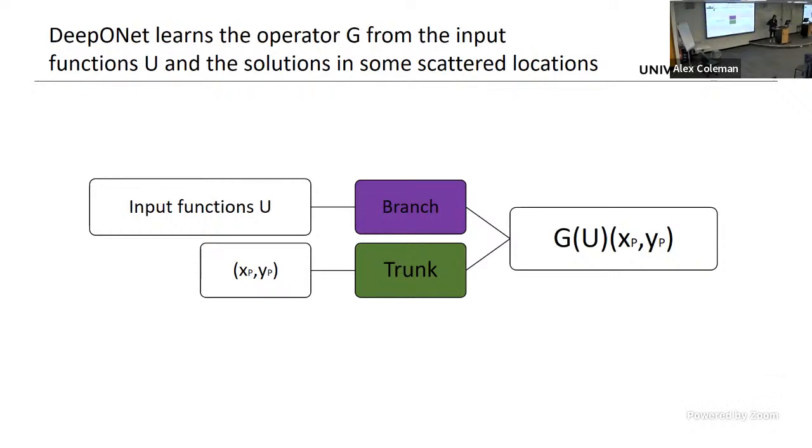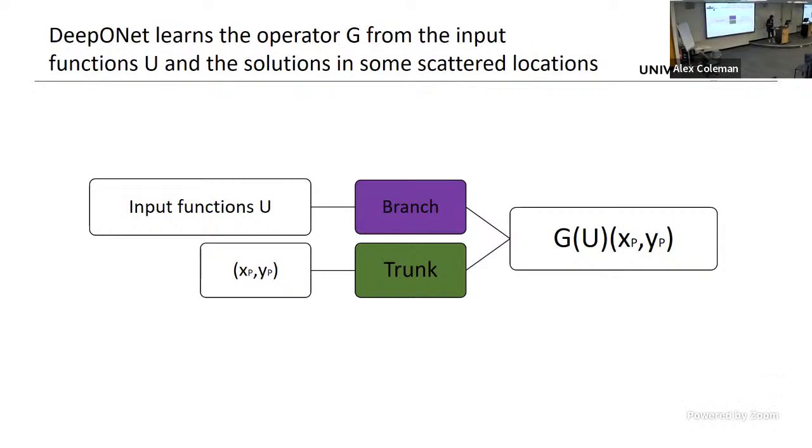They multiply together and give you the result, which is G. The input to the branch is the input function, and the input to the trunk is the location, in this case spatial, but it can be spatial and temporal.